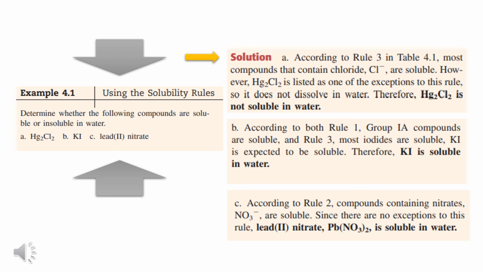According to rule number two, compounds containing nitrate ions are soluble. Since there are no exceptions to this rule, we can conclude that lead nitrate is also soluble in water. I want you to note that most incorrect determinations of solubility occur when the exceptions are overlooked. So always be sure to check the exception column in the table.